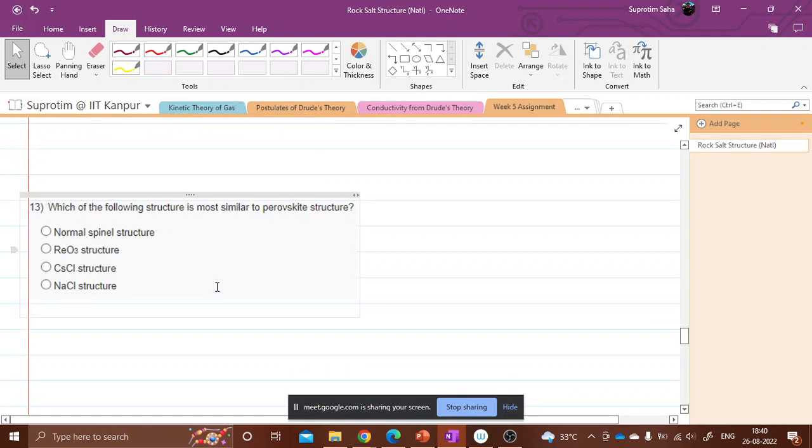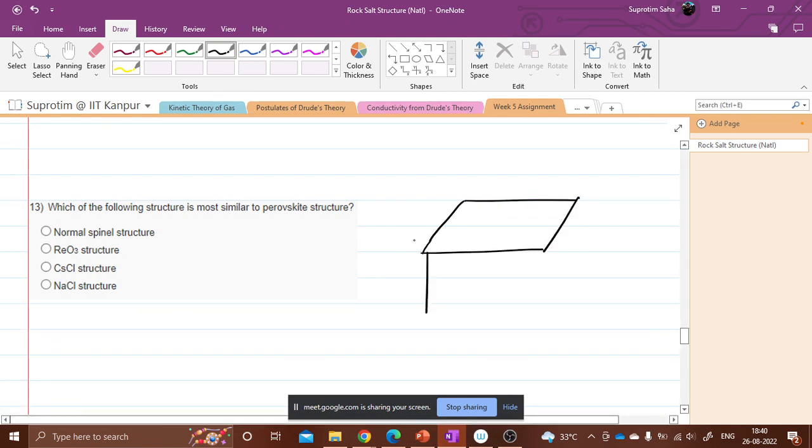Okay. Now the last 3 are very informative sort of. So, which of the following structures is most similar to the perovskite structure? So perovskite, let me just draw it for showing purposes.